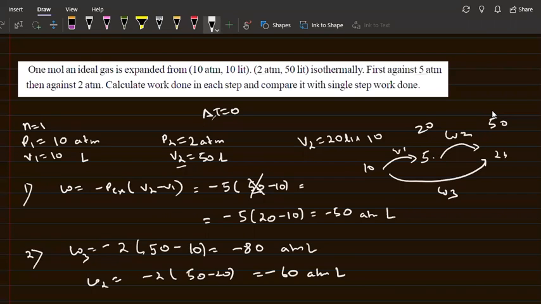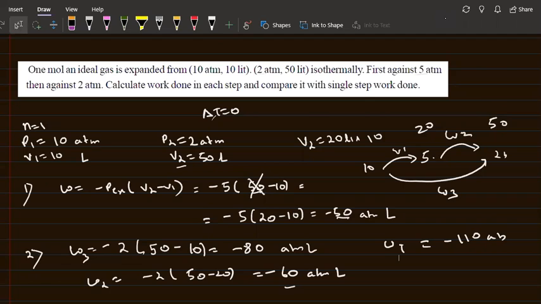Now, if you see this, total work done, W1 plus W2, how much? Minus 50 plus minus 60 will be minus 110 atm meter, W total. Whereas work done in one step is minus 80 atm meter. Got it, everyone?